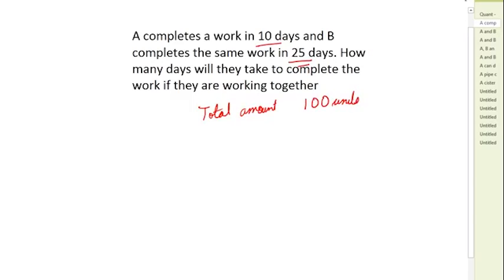When A completes the work in 10 days, that means A does 100 units in 10 days, so in 1 day, A does 10 units. So A's working capacity is 10 units per day.